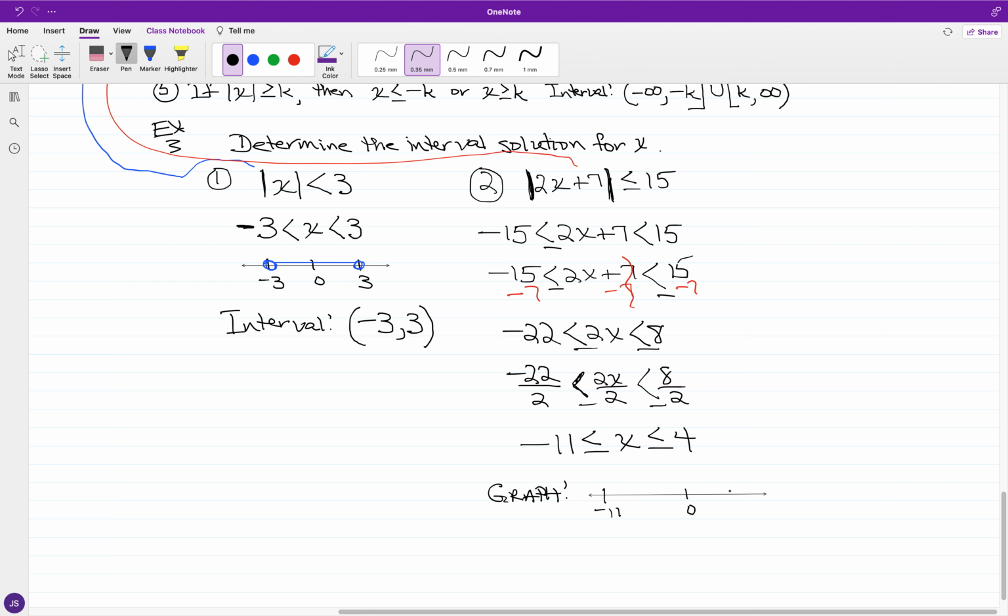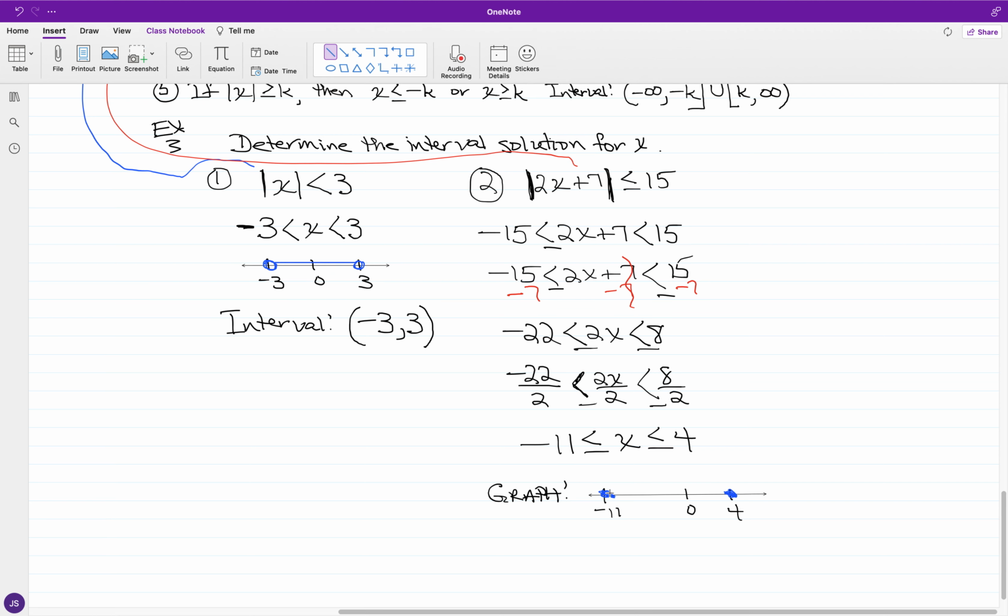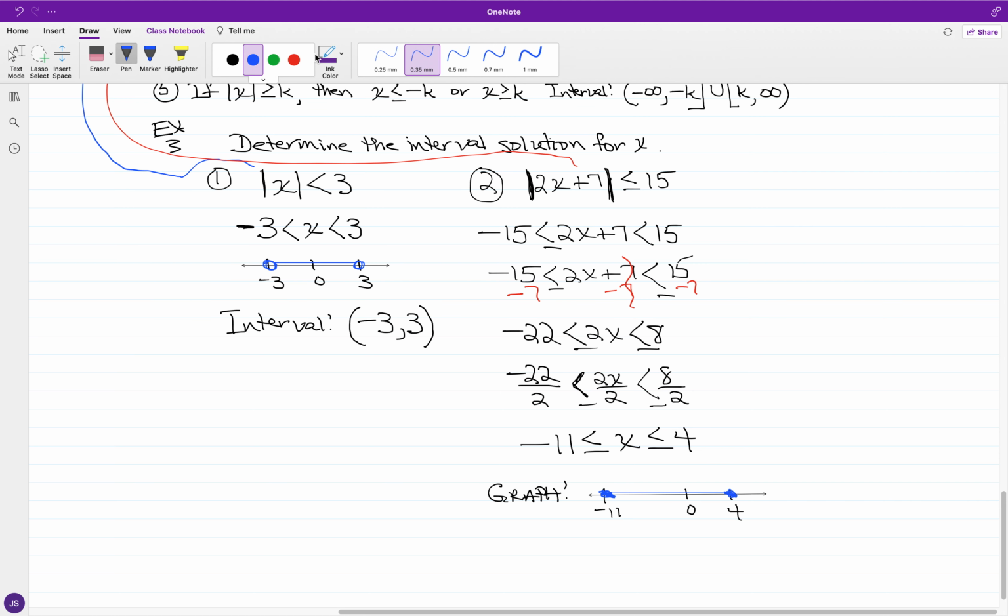Again, the centerpiece regarding absolute value is going to be 0, but for the numbers involved, we have negative 11 is less than or equal to x is less than or equal to 4, where the equal signs, both negative 11 and 4, are included. And so we're going to connect the dots. So we're going to have a line segment in this case.